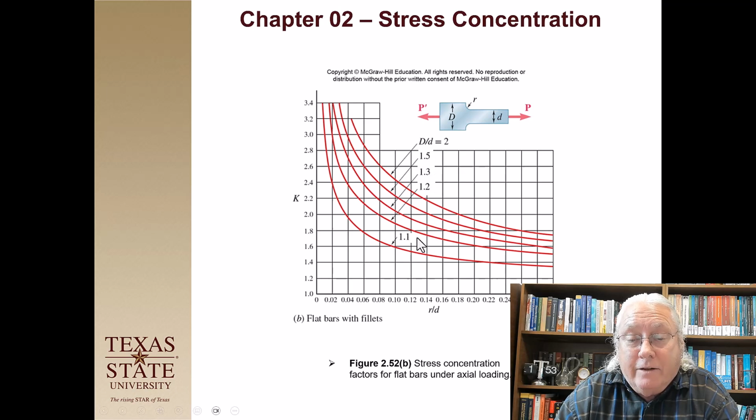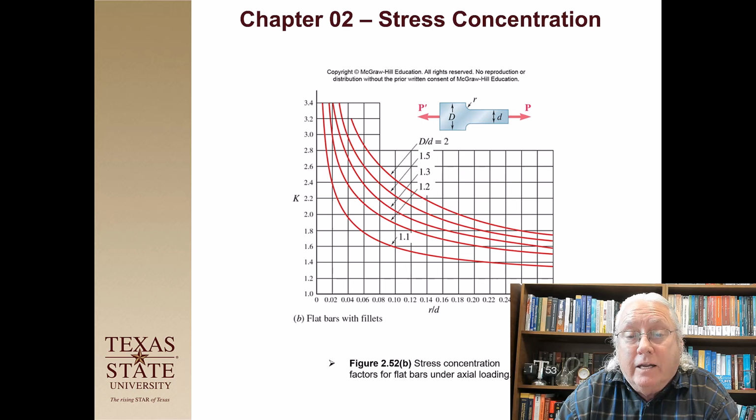And so you have to find two parameters. One is little r over d. You find where you are there. Say it's 0.14. You go up and up and up until you get to, say here, this is 1.5. So big D over little d is 1.5.